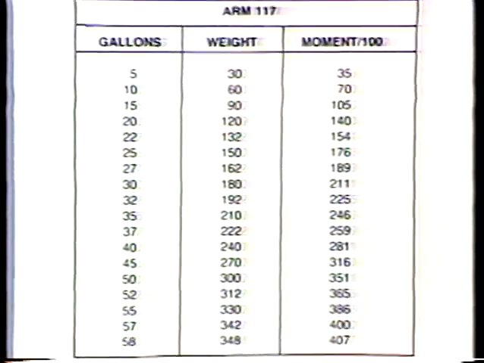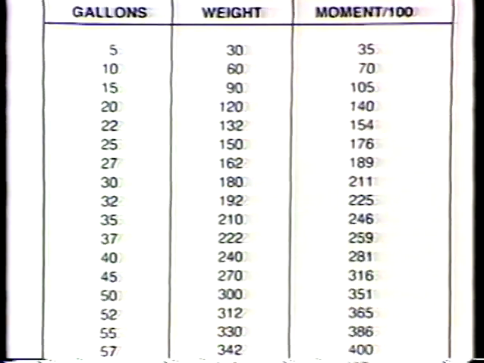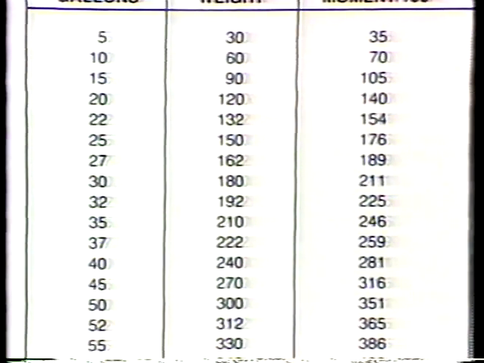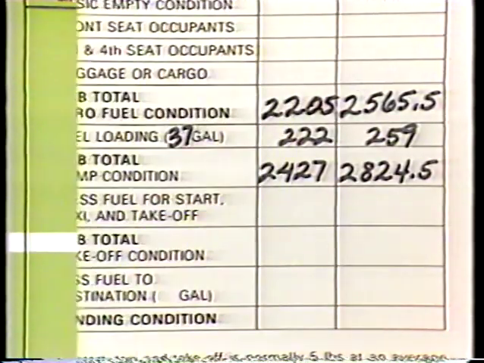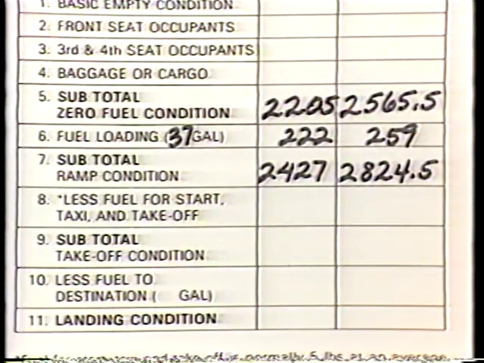Next, you add the usable fuel, which is 37 gallons. At 6 pounds per gallon, it weighs 222 pounds. And by consulting the fuel table, it has a moment of 259. The ramp condition figures read 2,427 pounds and 2,824.5 moment.